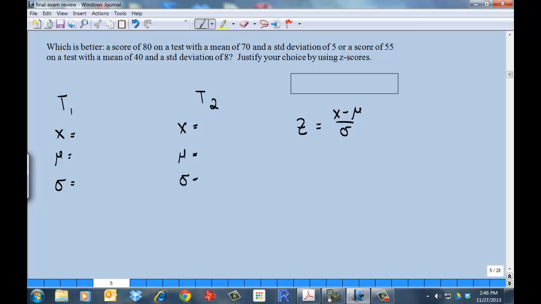So test 1 will let the score of 80 with a test with a mean of 70. This has a mean of 70 and the score x is 80 and the standard deviation is 5. And then test 2, score of 55 on a test with a mean of 40 and a standard deviation S or sigma of 8. So let's plug in and we'll see what we get for the z-score.